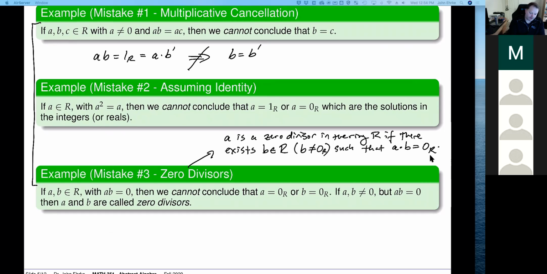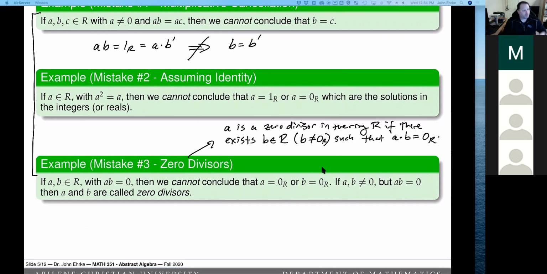Consider 0, 3. I'm blanking on an example, but there are examples out there. We're going to look at one here in a second, so I don't want to spoil that one. But the point is, you can have two non-zero elements such that when you multiply them, you get 0. And if that happens, they're called zero divisors in the ring.